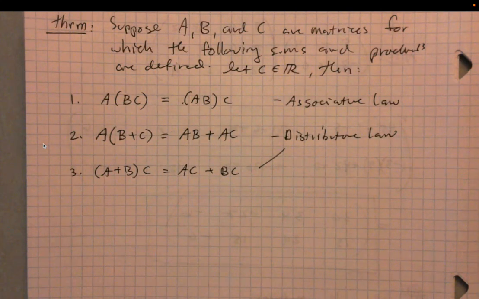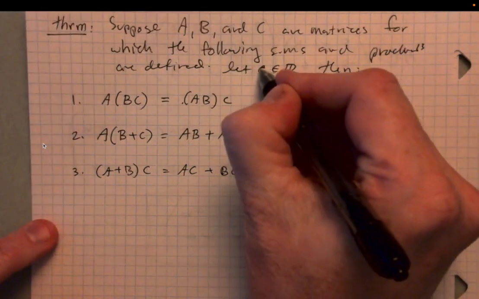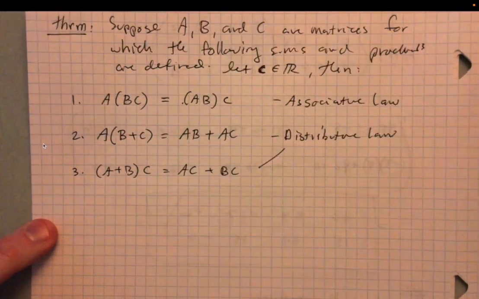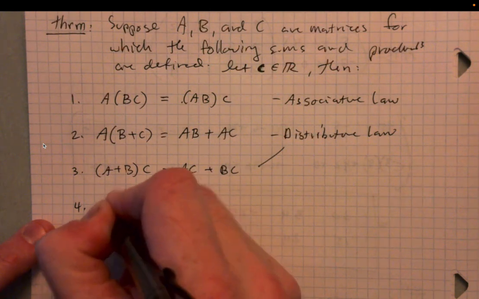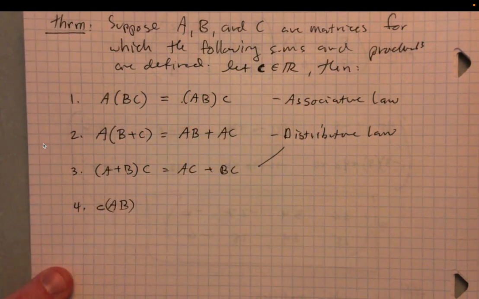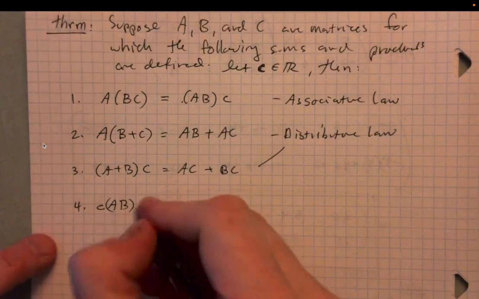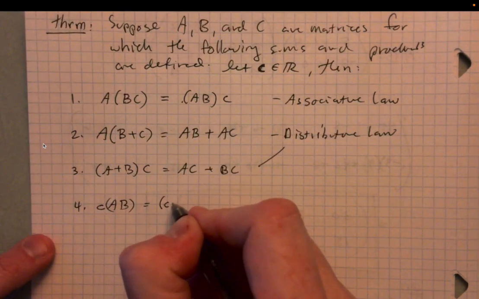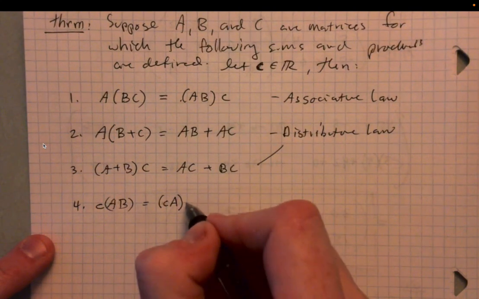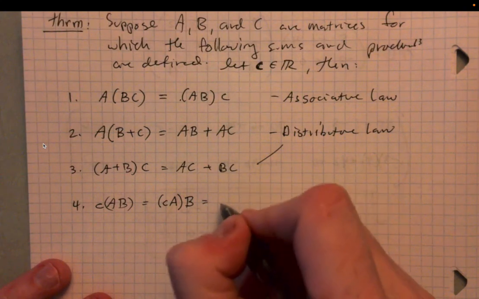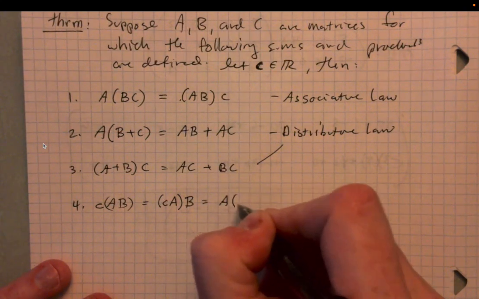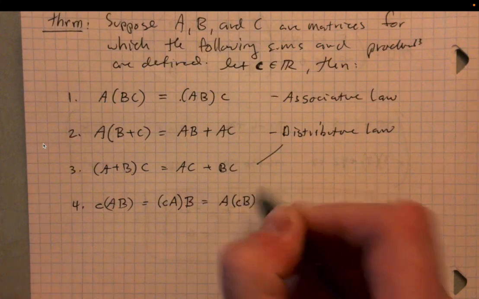All right. And then the associative law with the scalar. Right? So it's important, this is a little c, and that's a big C. So the last one is if I have the matrix product AB and I multiply the scalar c times AB, I'm going to get the same answer as I would get if I multiplied c times A first and then B, or if I multiplied A times the matrix c times B, c being the scalar.